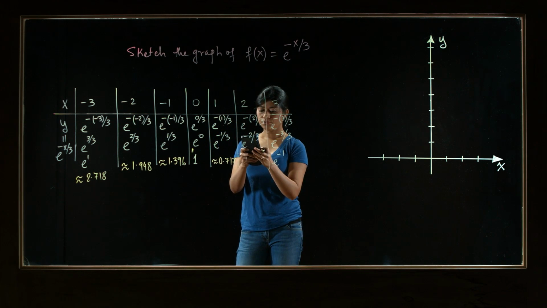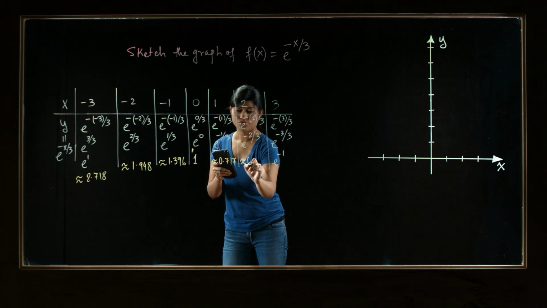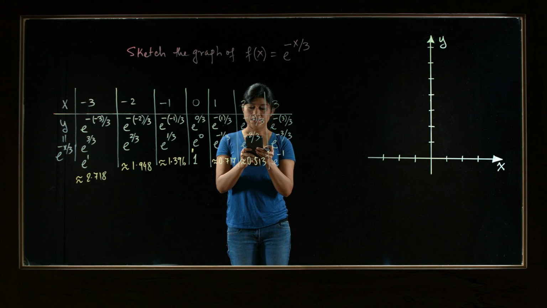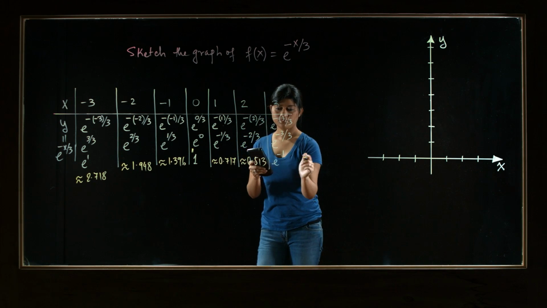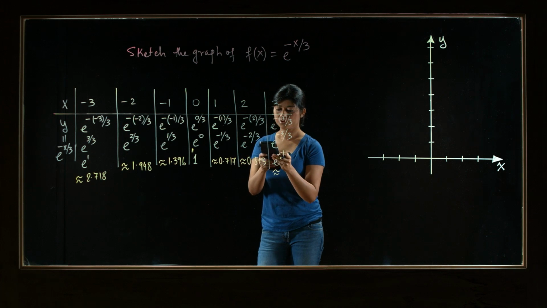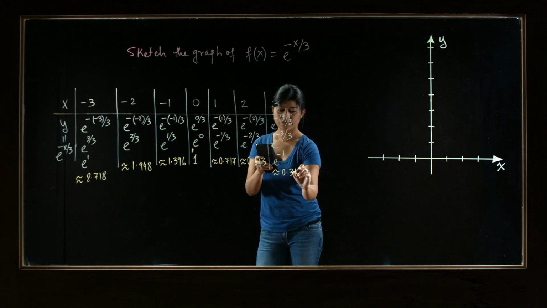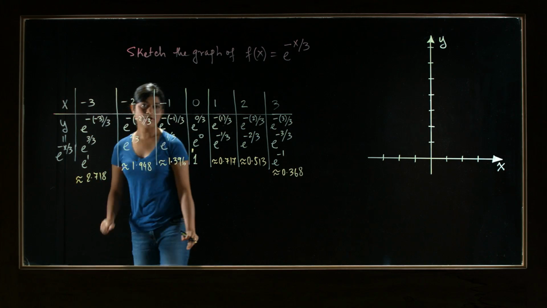Then e to the negative 2/3 is 0.513. And the last one, e to the negative 1, and that is almost equal to 0.368. All right. So we have all our values.